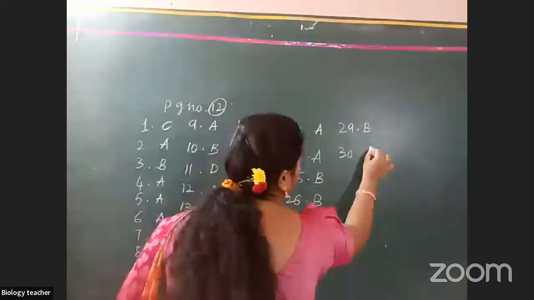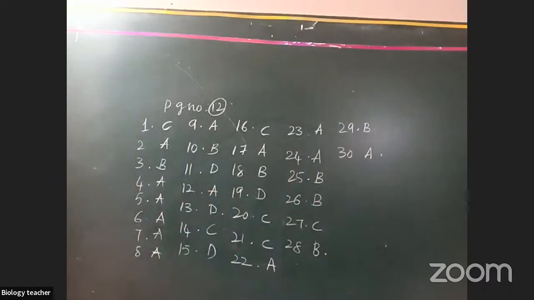So answer is A. Next, 31. So 31 I'm writing here.